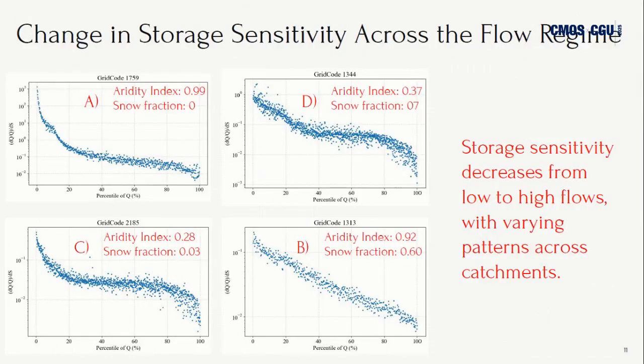For instance, let's focus on catchments A and B. Both have almost the same aridity index, but catchment A is in the Florida region, which is generally rain dominated, while catchment B is in northern Canada, which is highly snow dominated.